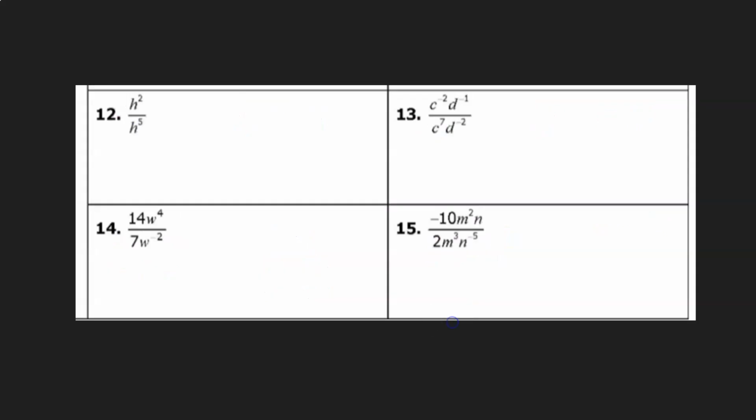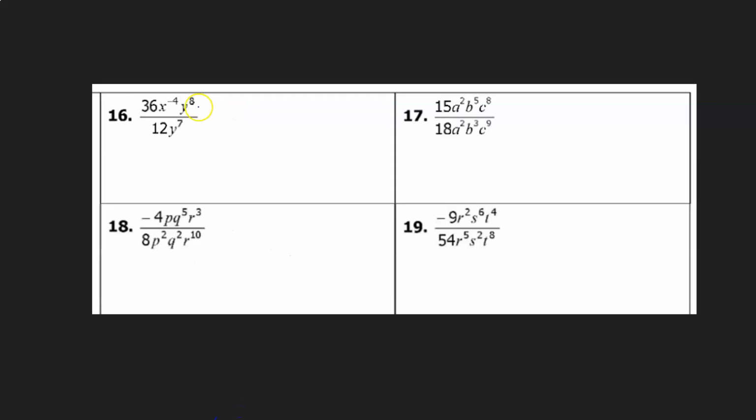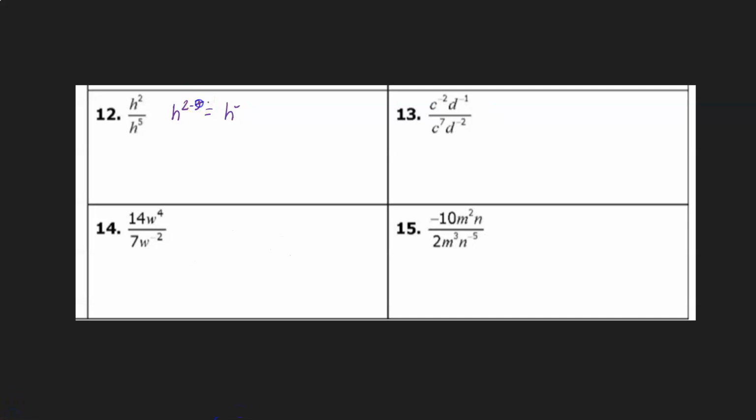Okay, let's do some division. So I have h to the 2 minus 3 power, which is h to the negative, that's a 5, sorry. 2 minus 5 power, which gives me h to the negative 3rd, which is 1 over h cubed.